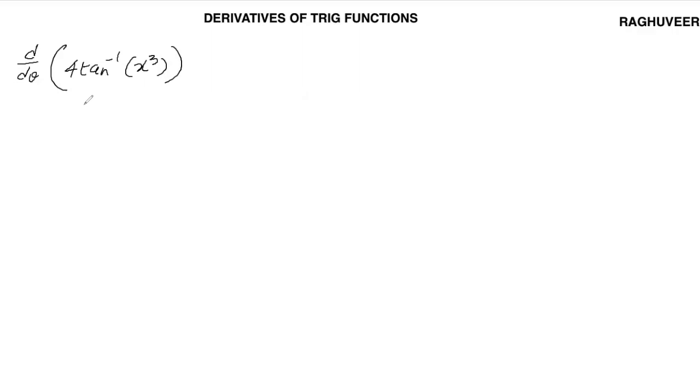Let us look at another problem here. This is d by dx. Now let us apply the chain rule here. So u is equal to x cube, so f of u is 4 tan inverse u, and u of x is x cube.